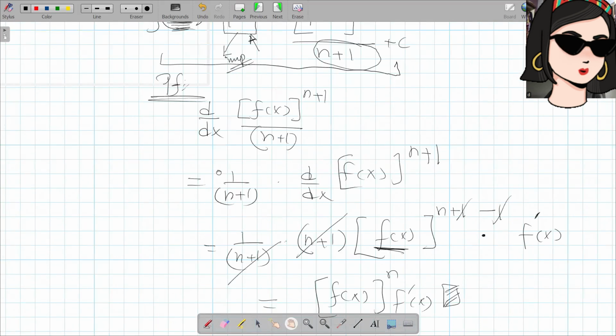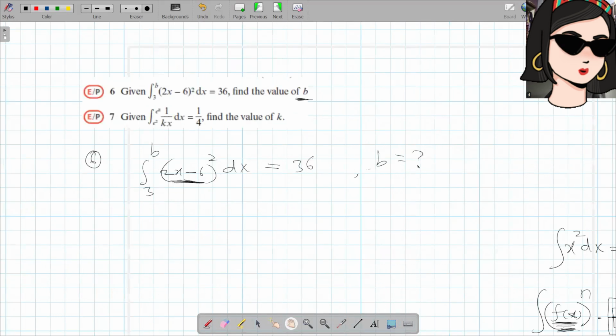Now let's go to our question. Now here we have to find the antiderivative of 2x minus 6 power 2. So how can we take the antiderivative? What is the inside function inside the power? The derivative of the inside is 2. So 2 should be available here.